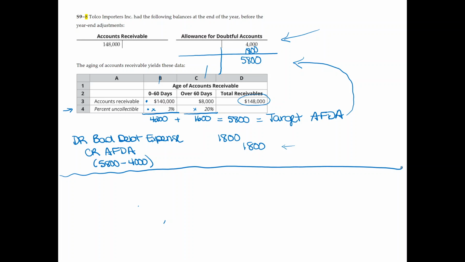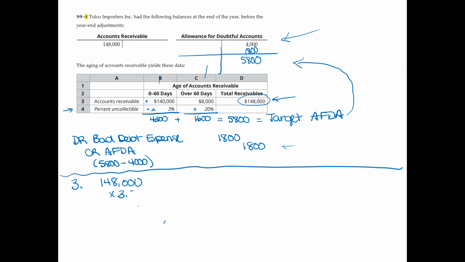Okay, now part 3 says repeat question 1, assuming that instead of aging AR, the allowance is calculated as 3.5% of the AR balance. So this is the percentage of accounts receivable method instead. So here we need to use the full balance of AR, so our 148,000, and we just apply the percentage.